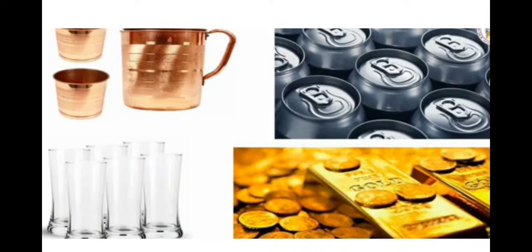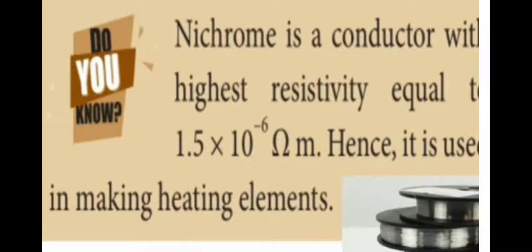The resistivity for perfect conductors is 0 and the resistivity for a perfect insulator is infinite. Dear children, do you know nichrome is a conductor with the highest resistivity, equal to 1.5 ohm meter? Hence, it is used in making heating elements.